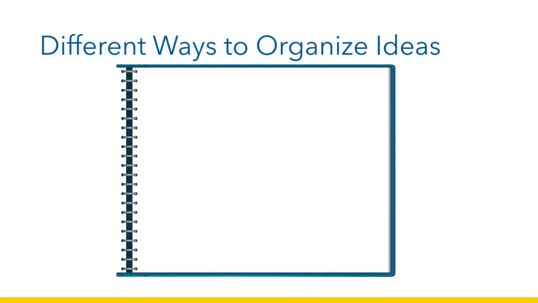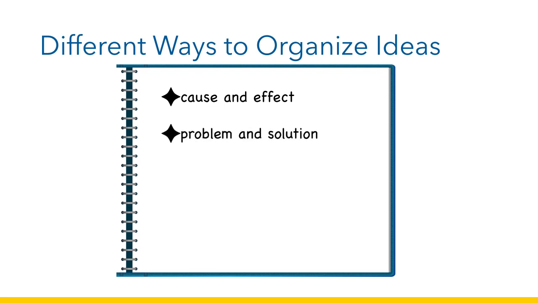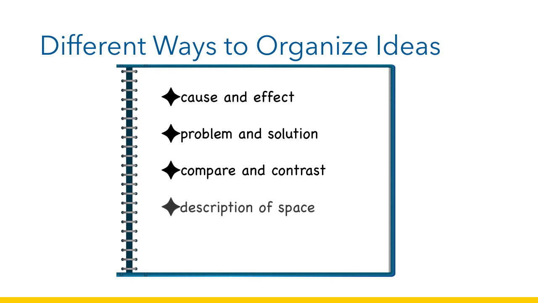There are different ways we can organize our ideas when we write. We could organize our ideas by showing a cause and an effect, or presenting a problem and providing a solution, by comparing and contrasting two things, by describing what something looks like in space, or by ordering our ideas in time.